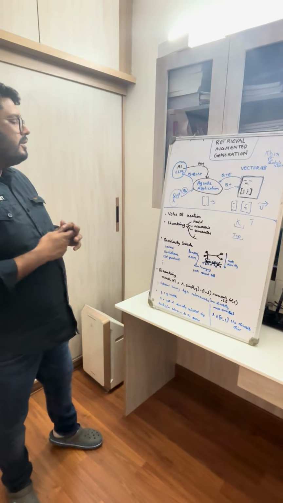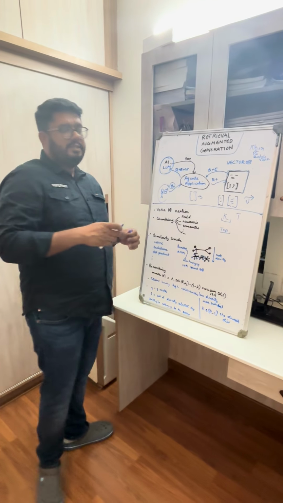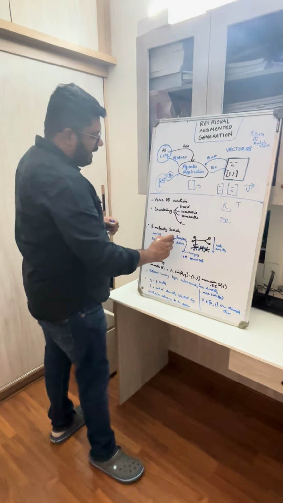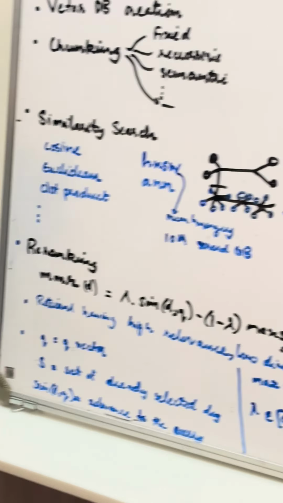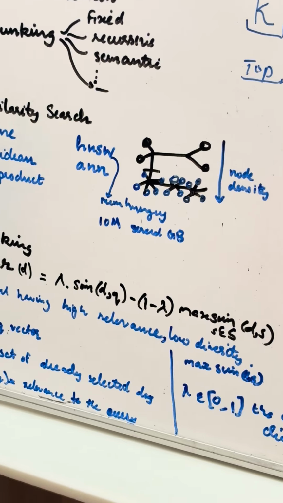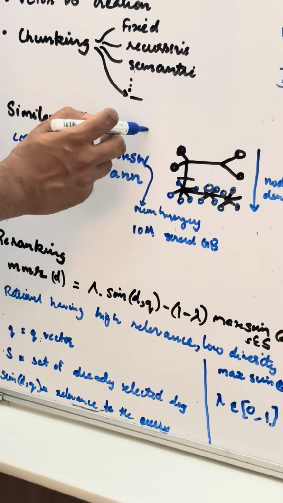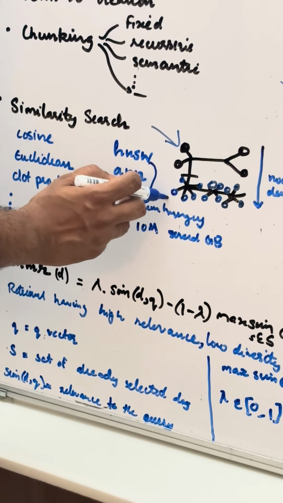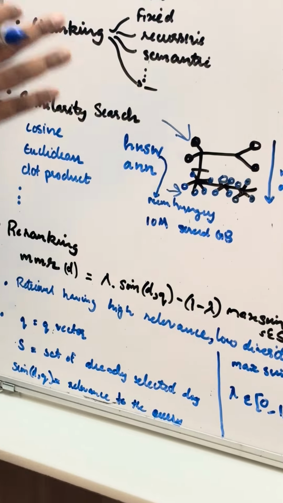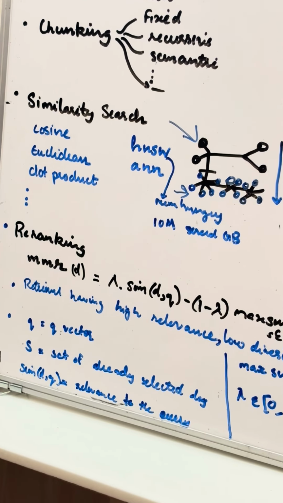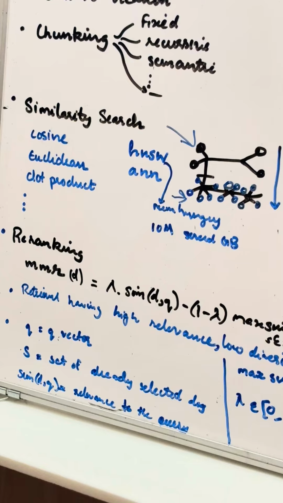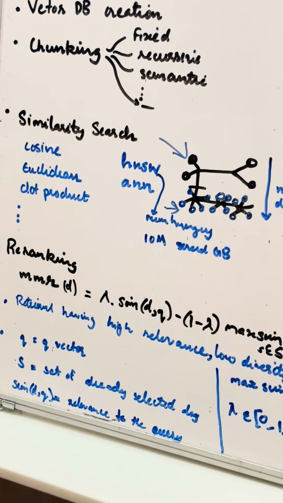And another important thing is, how do you store things in the vector database? There's something called hierarchical navigable small world. It is a graph based solution wherein the upper layers are sparse and the lower layers are more dense with nodes. You might ask, you're talking about a graph now, how does it relate to a vector DB?